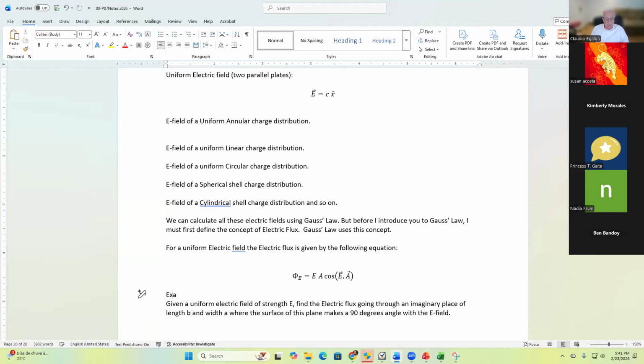I'm going to put that as an example, right? Example. Imaginary plane, not imaginary place, right?